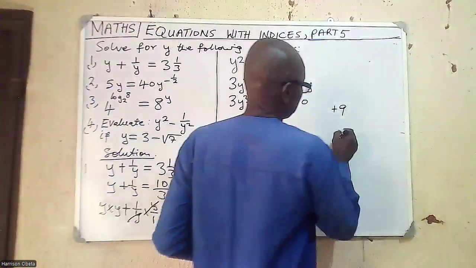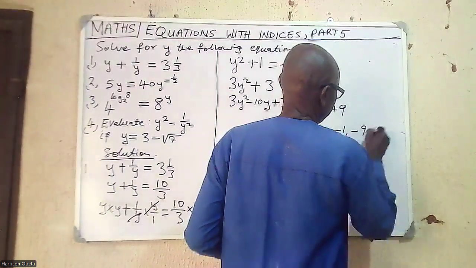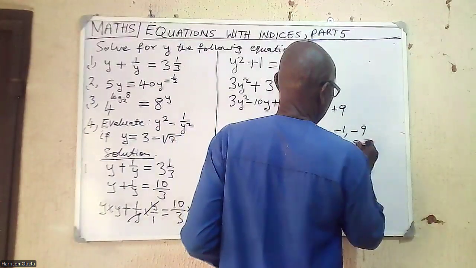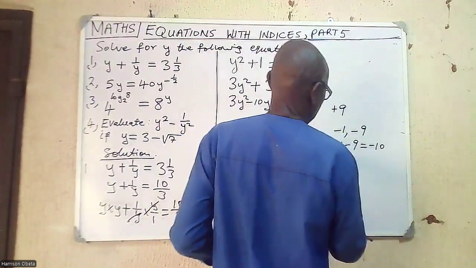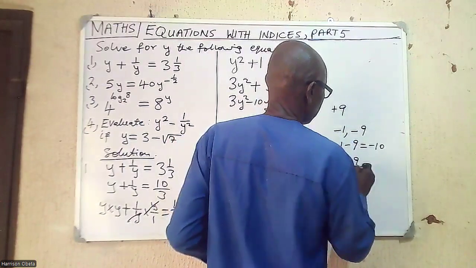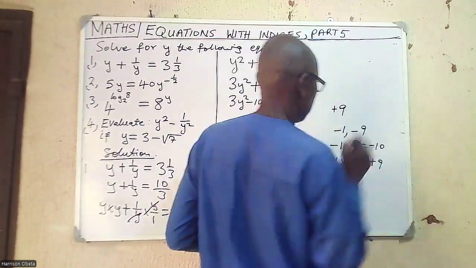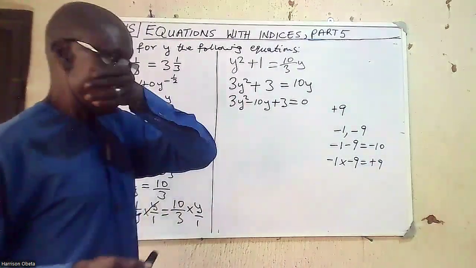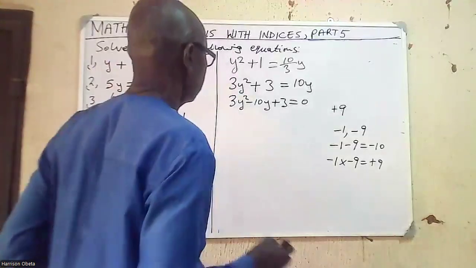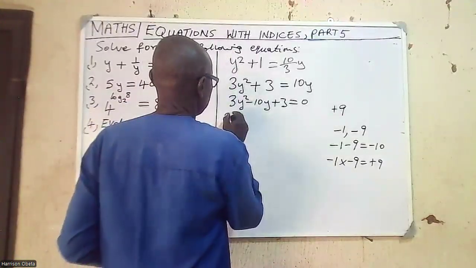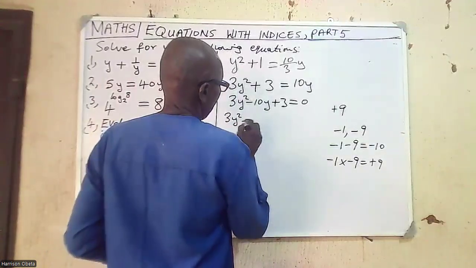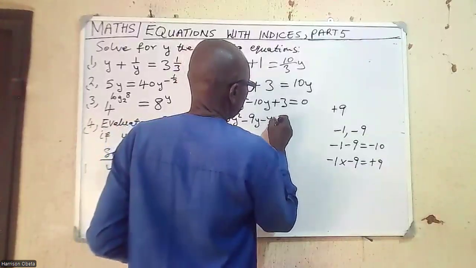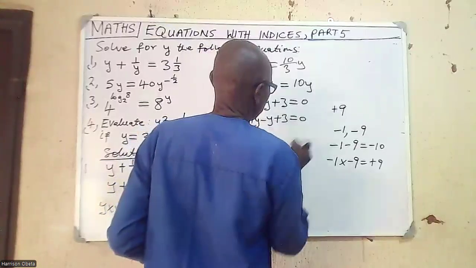That will give us minus 1 and minus 9, because minus 1 minus 9 gives minus 10, and minus 1 times minus 9 gives plus 9. So we're now going to break this down to involve minus 1 and minus 9. And in continuation, we have 3y squared minus 9y minus y plus 3 equal to 0.